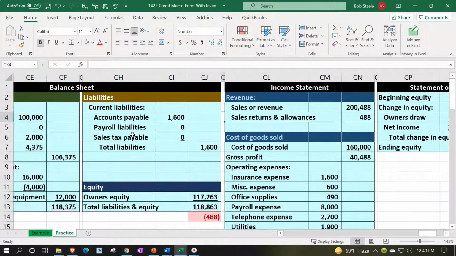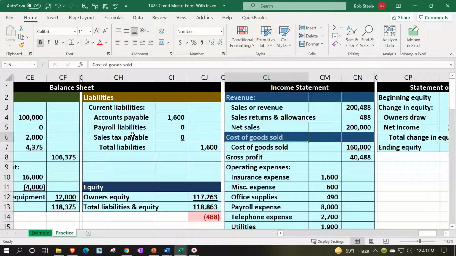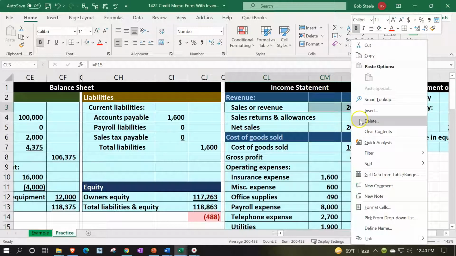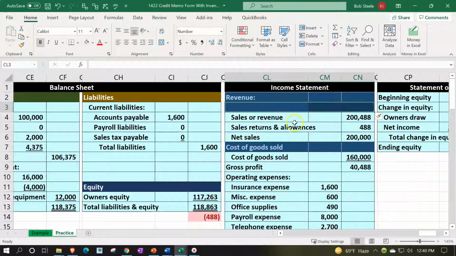And then we might call this net sales, not net income, but net sales. And then this would be equal to the 488 minus the 488. You might have one more row that you would add. Insert another shifting down, and then I'm going to format it like the one below it.